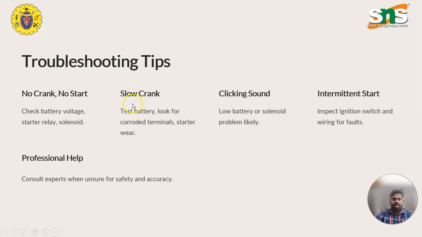After that, with a slow crank, we maintain the corroded terminals and the other starter wiring. With the help of unusual noises, we can identify where the noise is happening, and what reconditioning steps are required at the particular component, so that we can do the maintenance work.